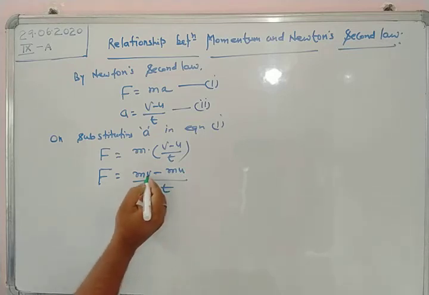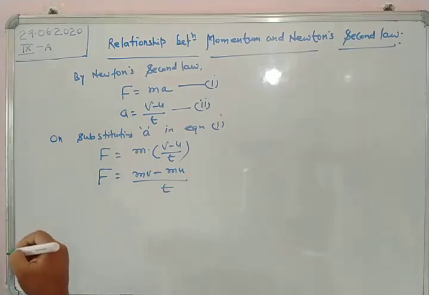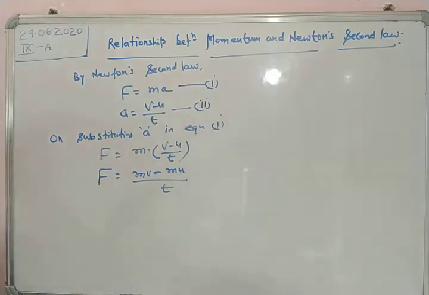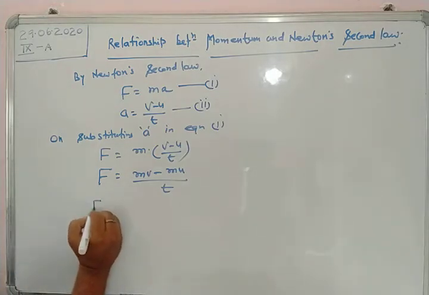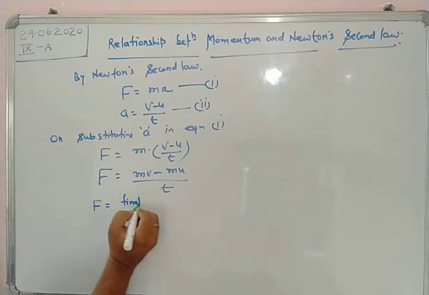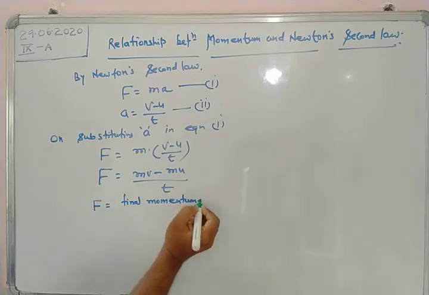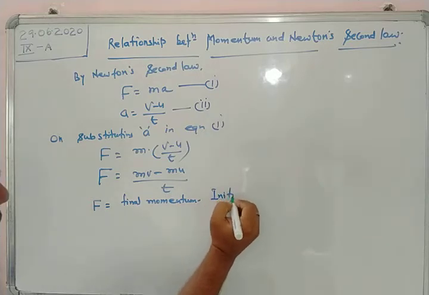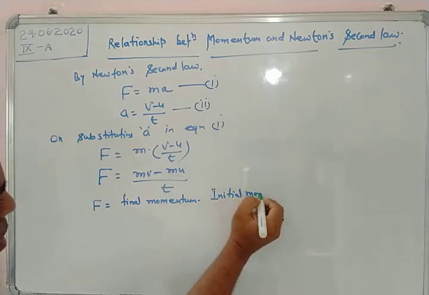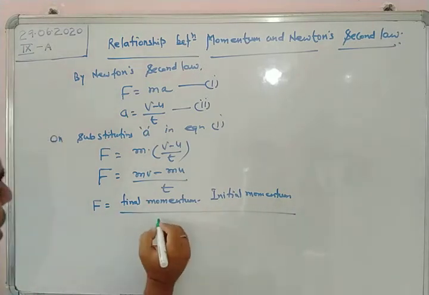So this can be called final momentum, and this can be called initial momentum. Momentum is the product of mass and velocity. So here we can write: final momentum minus initial momentum by time.